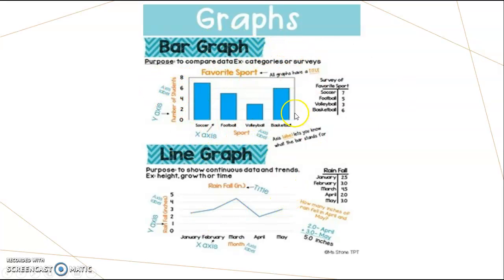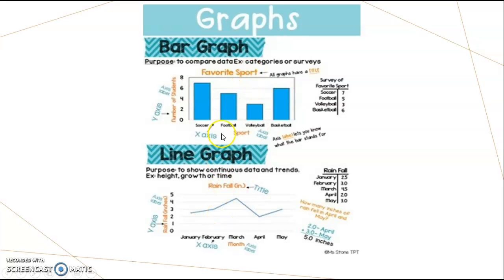Anything you want to compare, to see what has more, what has less, what are people's favorites, what are people's least favorites, you would use a bar graph. And a line graph is to show data, to show whether it is growing, increasing or decreasing, or if it's constant.